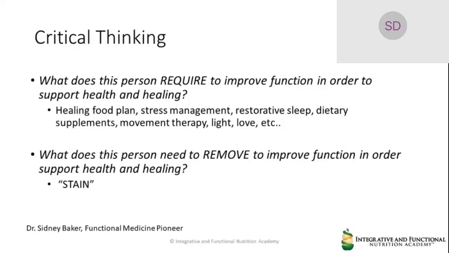And that's where you can think of the acronym STAIN that Kathie just went over with you, and you can assess each one of those areas, whether you're using labs or whatever method you're using, but it's a great way to break that down. So again, what needs to come in and what needs to come out to create the balance?